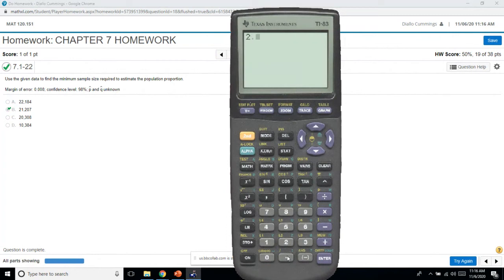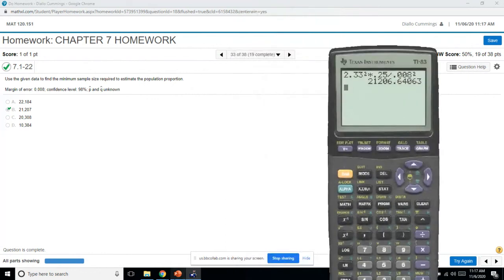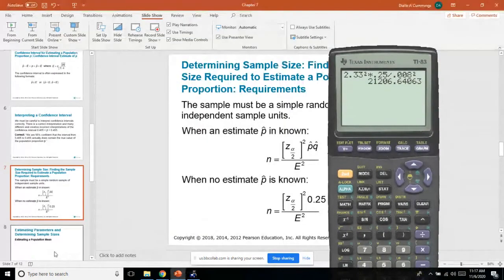We have 2.33 squared times 0.25 divided by 0.008 squared. I put one too many zeros in there. And we have 21,207. So we'll return back to the PowerPoint.